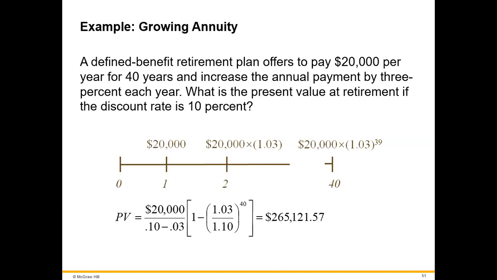So 1 minus the 1 plus the growth divided by 1 plus the rate. That result is raised to the 40th power. Now subtract it from 1. So 1 minus 0.7207. Multiply that result by the 285,714. And you get 265. And because I did some rounding, it's not exact, but I got 122.